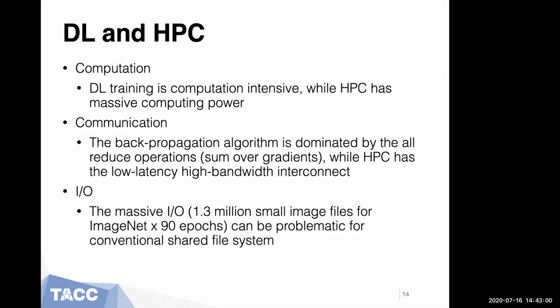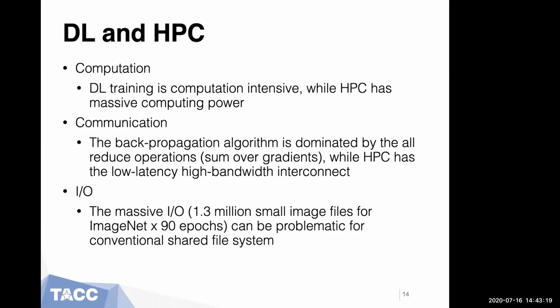HPC has massive computing power by composing a massive amount of processors, CPUs, GPUs, and customized ASICs that are optimized for matrix vector computation. So that's perfectly fit for HPC, right?